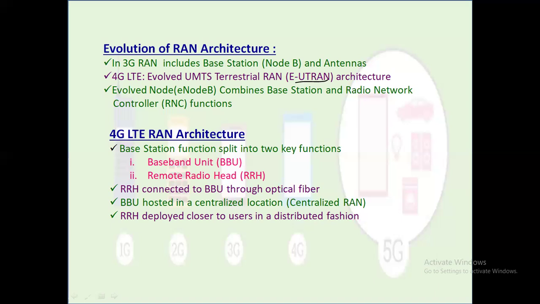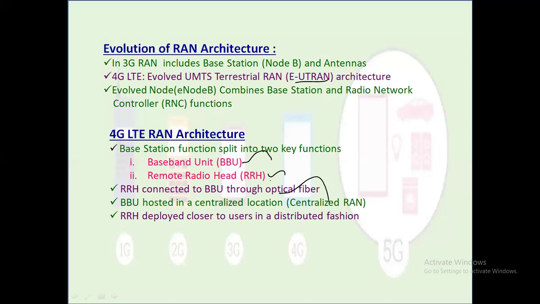It includes a significant shift in base station functionality, splitting it into two key components. What are they? BBU, that is baseband unit, and the RRH, that is remote radio head. The RRH is connected to BBU via optical fiber.